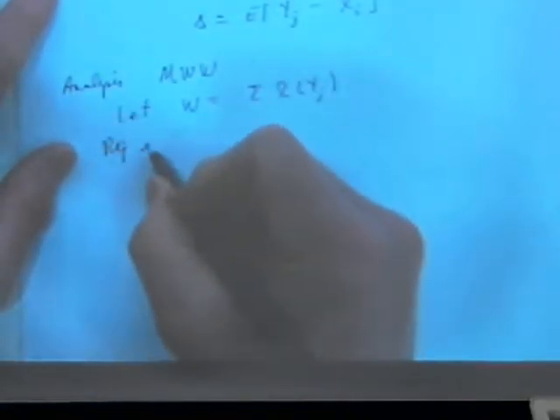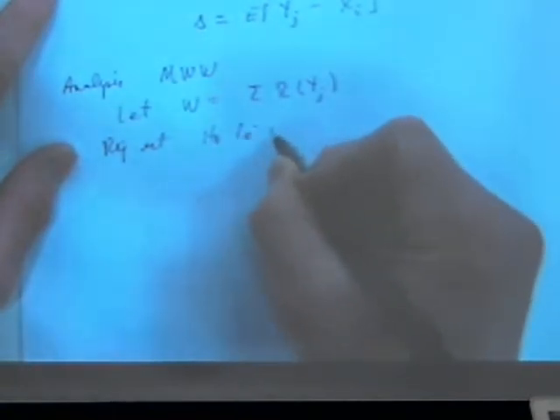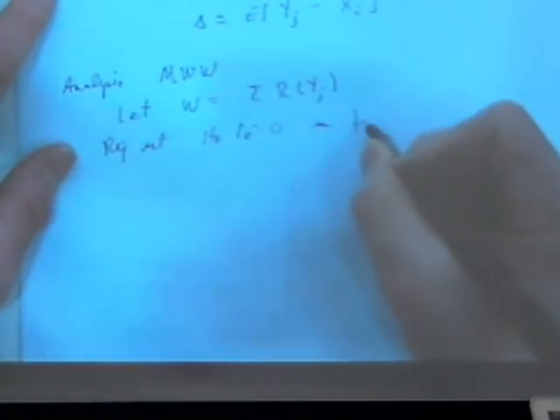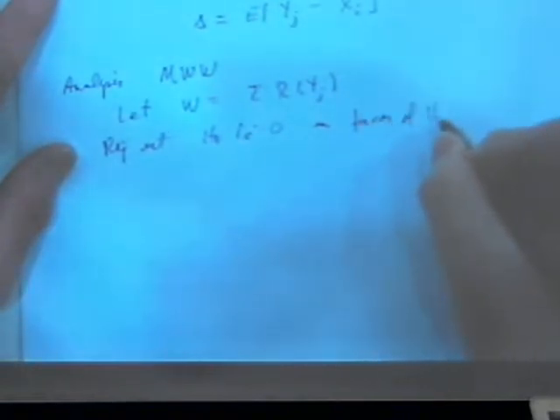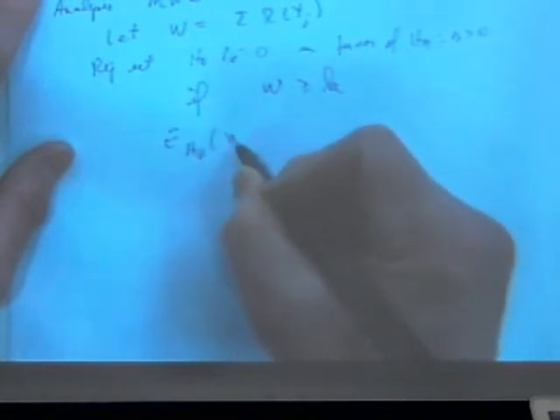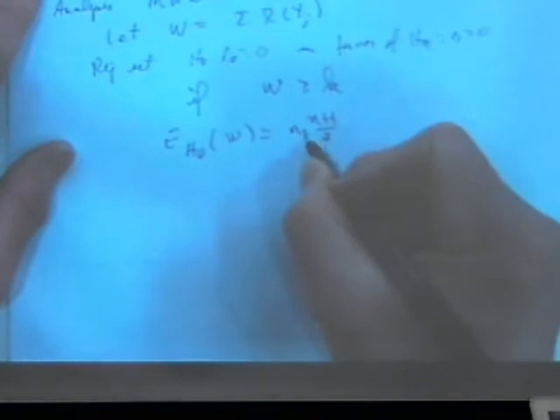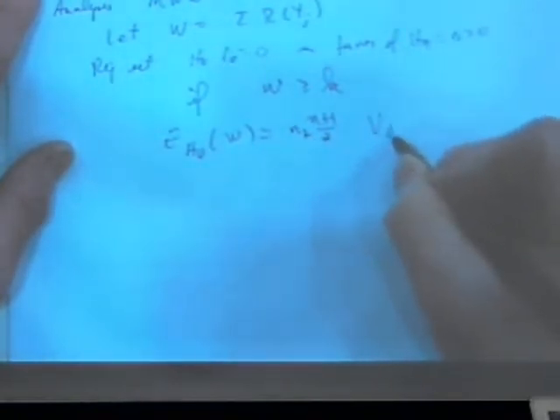And then you reject the null, equal to 0, when the statistic W is too large. You know the expected value. The average rank is (n plus 1) over 2, and the variance.